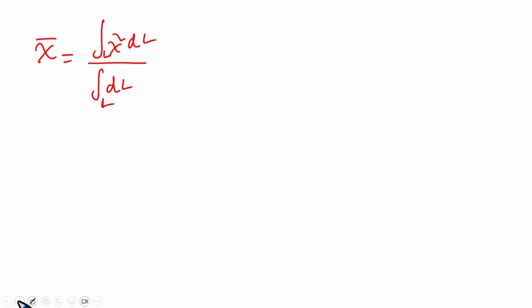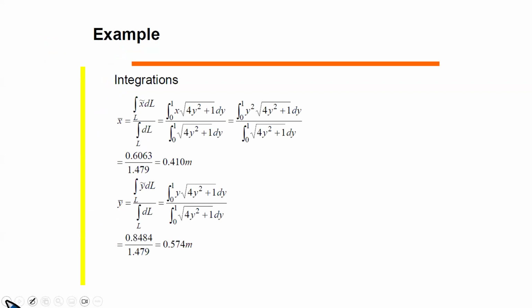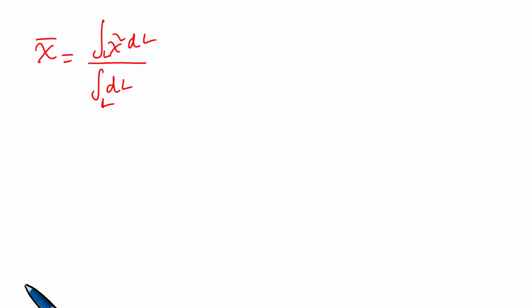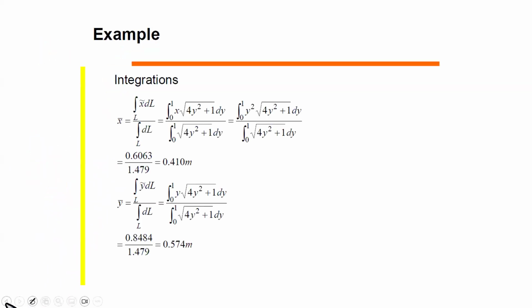Right, and as a consequence, we are able to take note of a couple of things, but it is the fact that the x tilde itself is x, and the y tilde is y. And how do we know this?